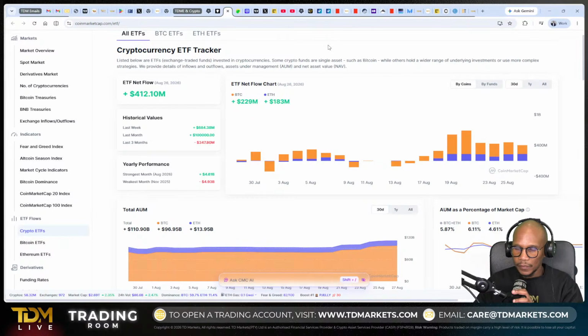So when people are buying that ETF, like BTC ETF, Bitcoin tends to go up. But when people sell that ETF of that underlying asset, then that underlying asset goes down. So if it's BTC ETF, people buy the ETF, price of Bitcoin goes up. But when they sell that ETF, price of Bitcoin goes down.